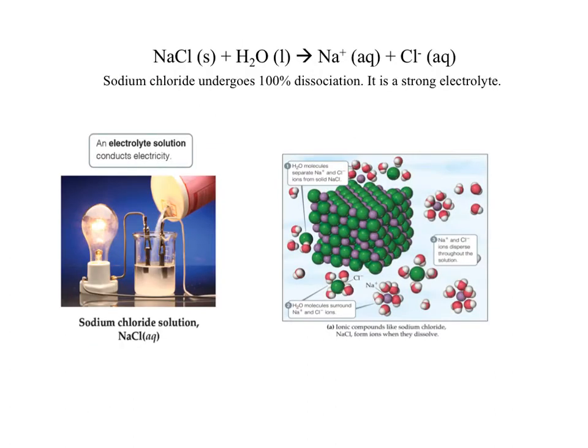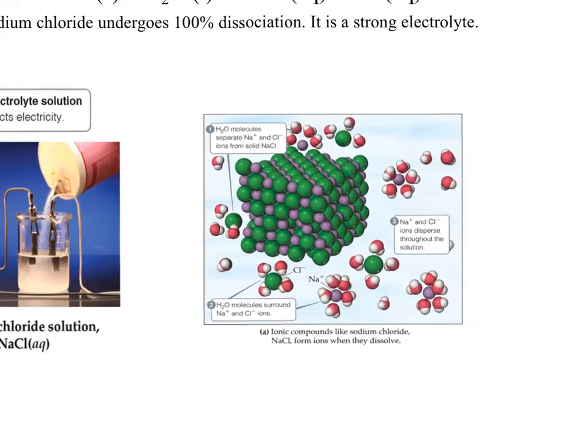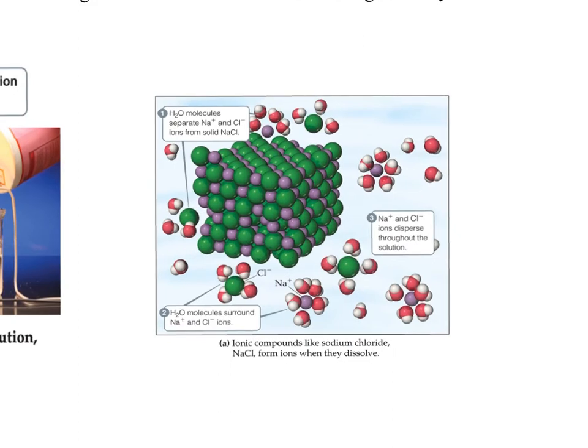All right, sodium chloride. I gave you the reaction and how that goes on the first slide there. It does undergo 100% dissociation, and it is a strong electrolyte. This picture from your book's kind of nice. I like it. This is the solid sodium chloride that you throw in water.